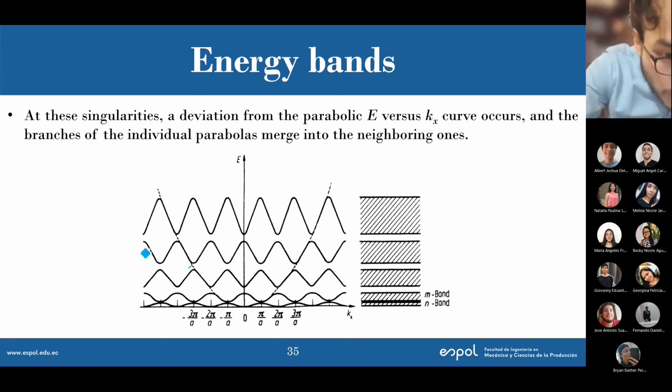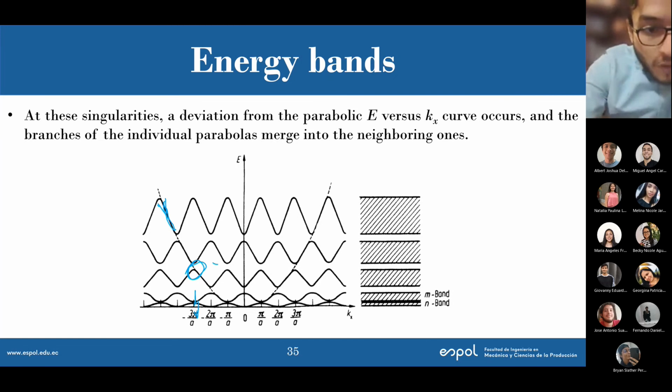Let's say this one. When it approaches this value, 3 pi over a, right? What happens? Oh, there is a discontinuity. But then when it's away, it's basically following the same path of the free electron. Look, that's the same path of the free electron.